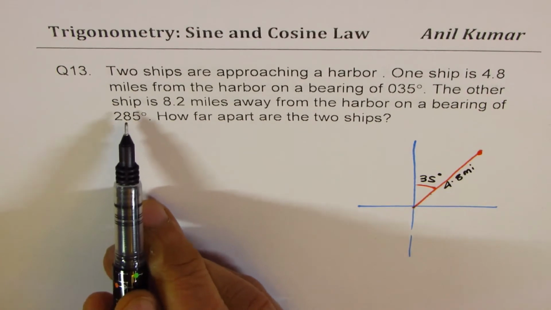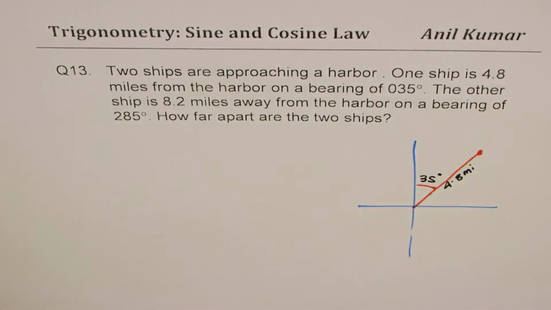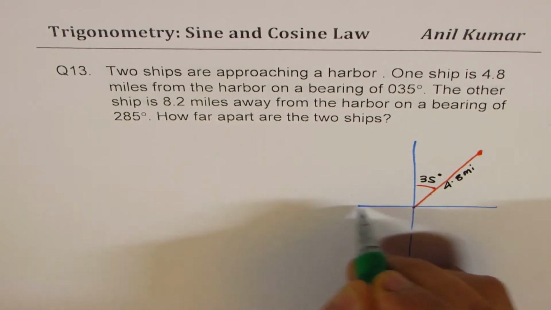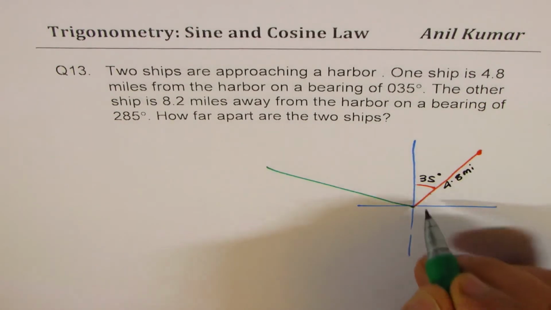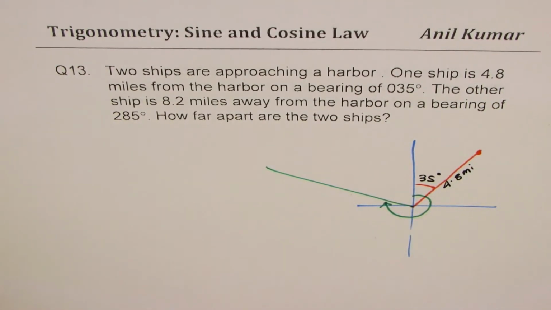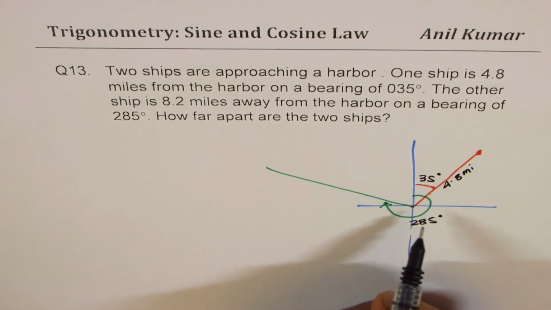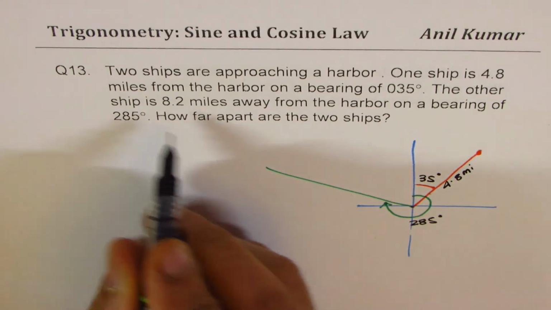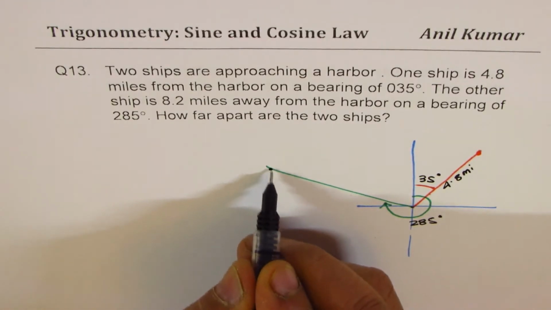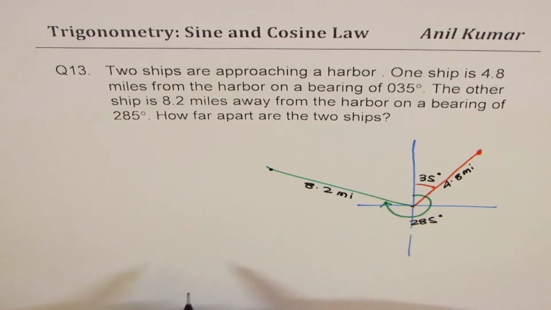The other one is 8.2 miles away on a bearing of 285. 285 is more than 270, so somewhere on this side. And this is 8.2 miles.